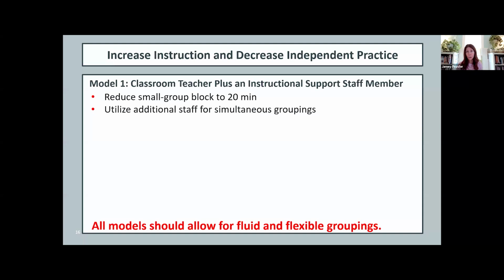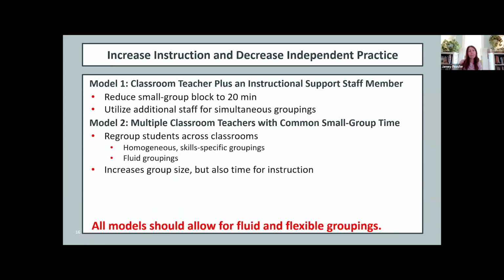This model may also work even if you do not have an additional staff member. It just means that you've got 1 teacher running multiple groups at the same time for a total of 20 minutes. And when I share with you the organizational system, I think you'll see how that's possible to accomplish many groups within a 20-minute time.